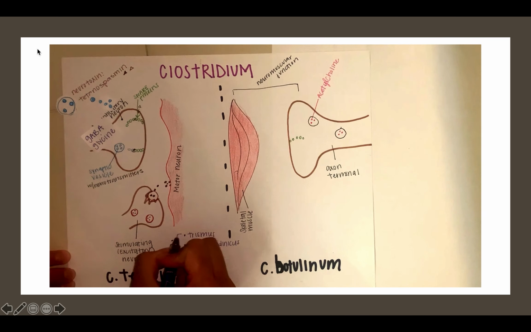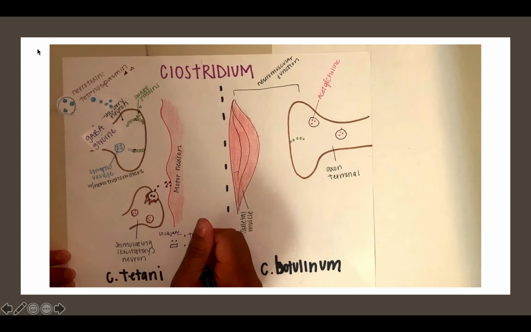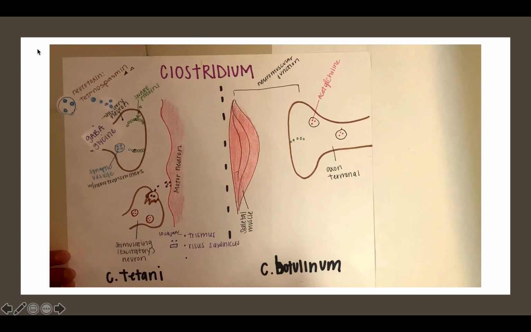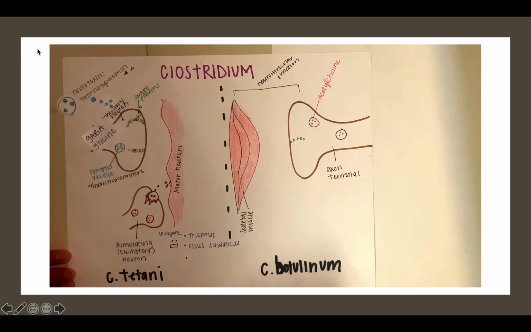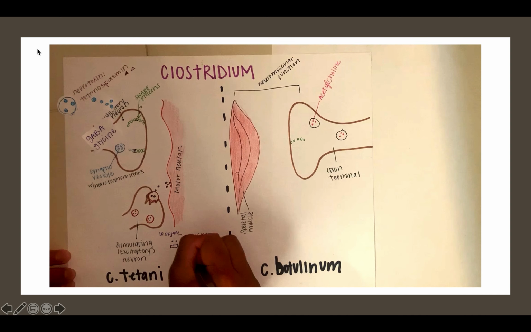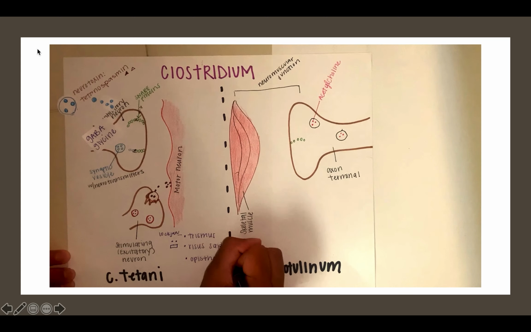And this one's lockjaw. If I'm pronouncing these wrong, I'm sorry. These are really hard to read. And opisthotonus, and this is spasm of all your muscles.